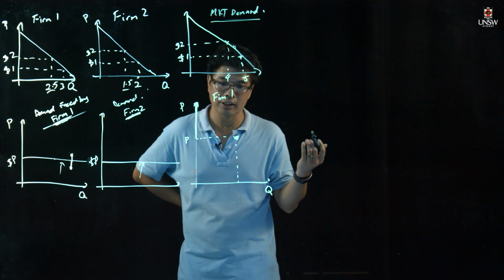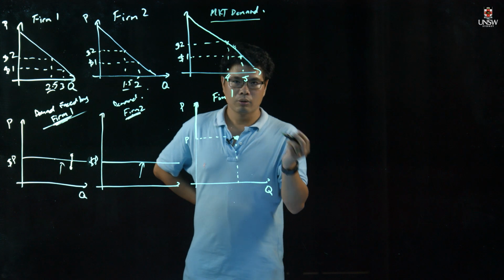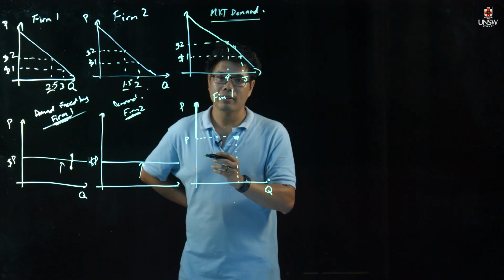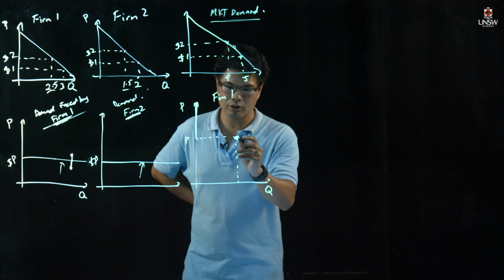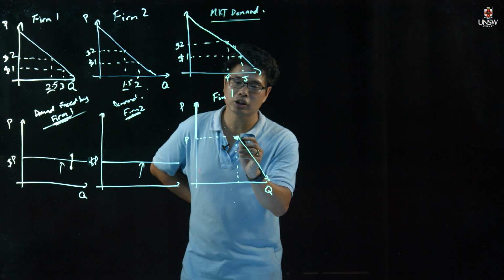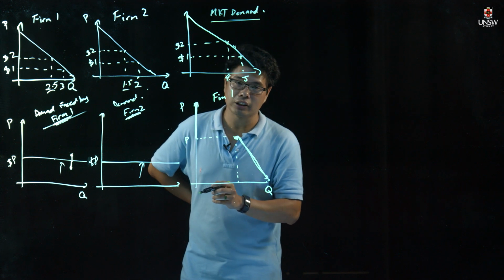But what if I were to go below that? In theory, it will look something like this. It's downward sloping, isn't it? I would undercut everyone and get the entire market demand, wouldn't I?